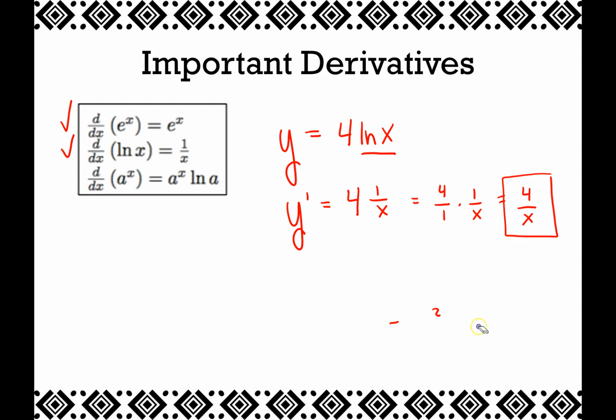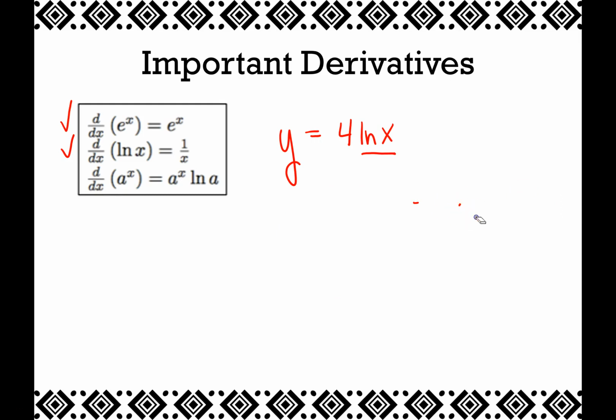All right, next one I want to cover is the last one, and to be honest, this is the one that we use the least, and so I tend to forget it more, so this one you maybe want to spend more time memorizing. So let's say y is equal to 7 to the x. What is dy/dx?